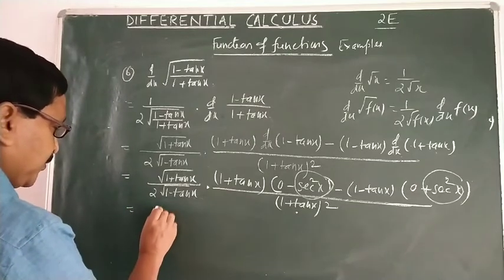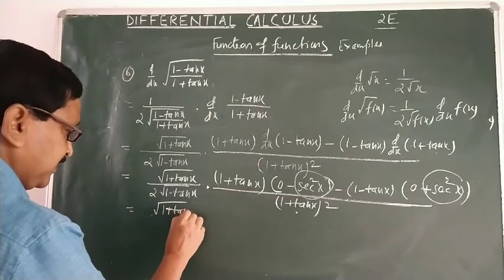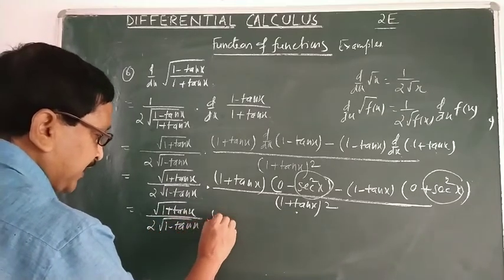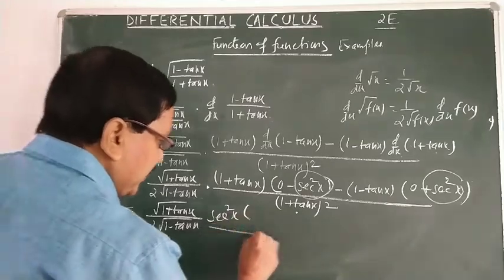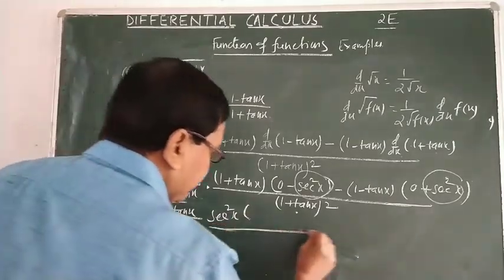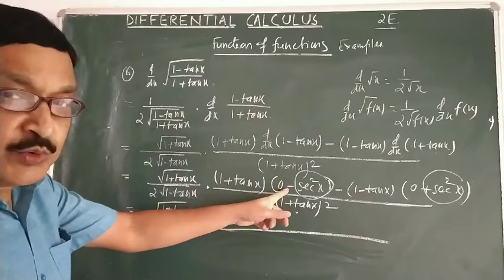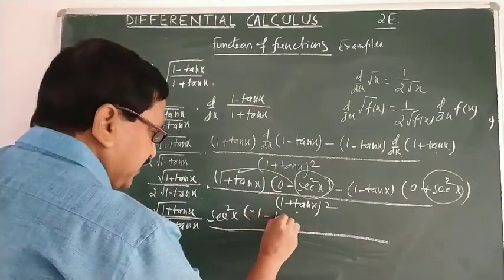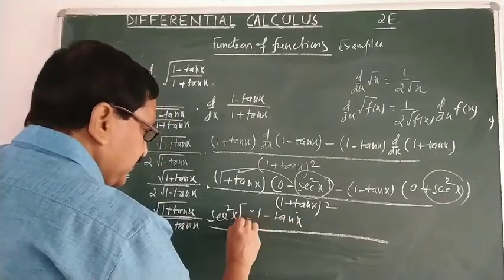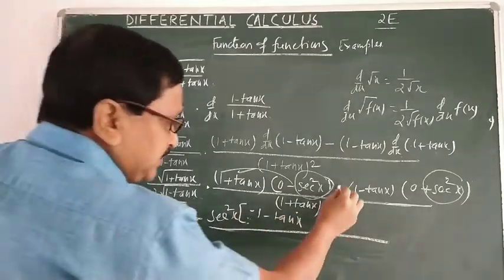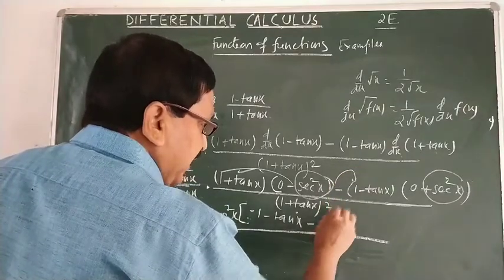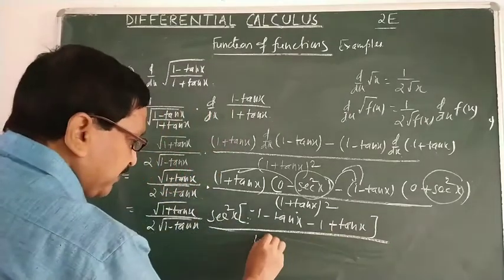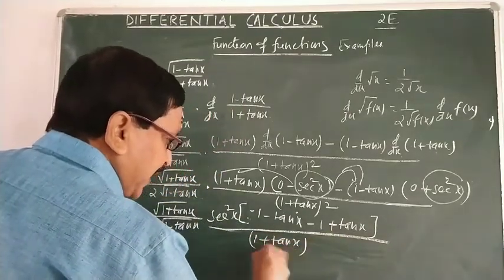So this is root 1 plus tan x by 2 root 1 minus tan x, and sec square x is taken common. So we are left with this: due to this minus, the minus is left, minus 1 minus tan x, this minus 1, and this is minus plus tan x, by (1 plus tan x) whole square.